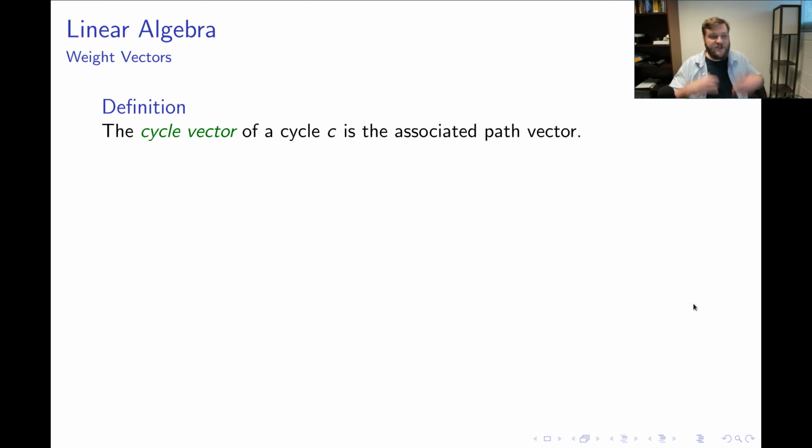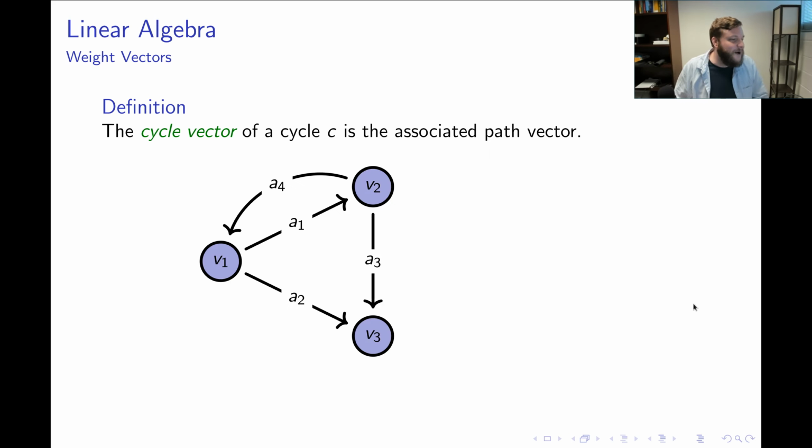And of course, if our path is a cycle, we would call this the cycle vector. So here, let's say that I took a cycle in this particular directed graph. Let's say that I jumped from V1 to V3 by going with A2. Then let's say that I went from V3 to V2 by going against A3.